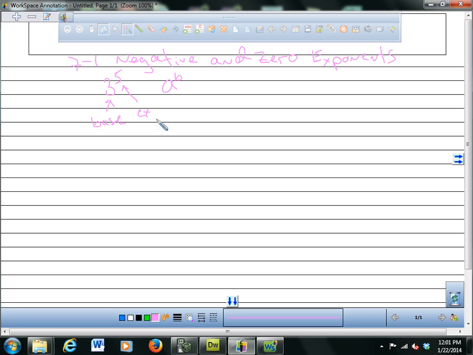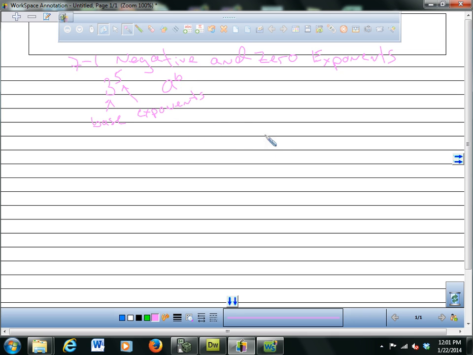So when we're talking about negative exponents, we're talking about the exponent up here being negative. The big number, the bottom number, is called the base, and the top number is called the exponent.